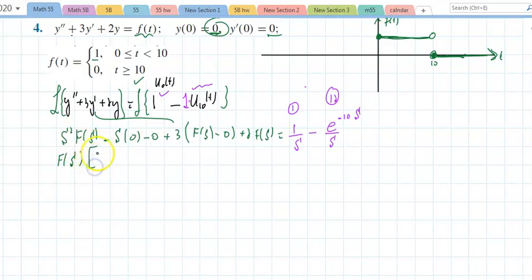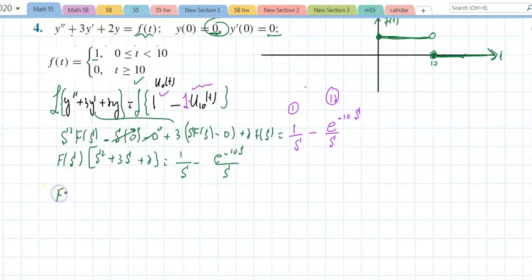F of s times s squared, that's a 0, plus 3, oh, there's an s there, isn't it? Yeah, 3s plus 2 equal 1 over s minus e to the negative 10s divided by s.